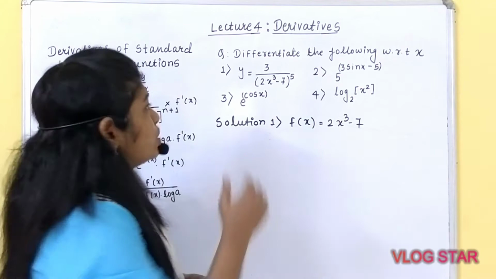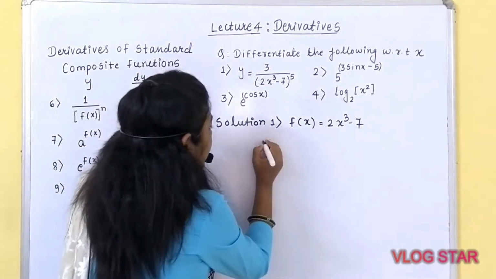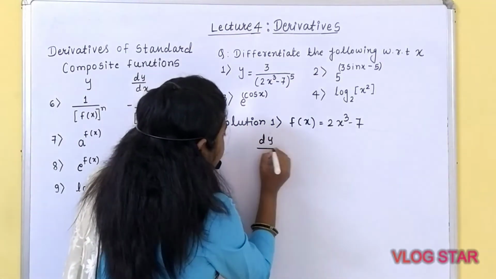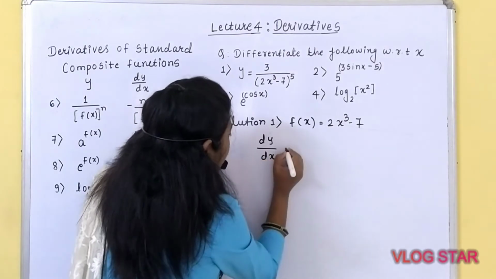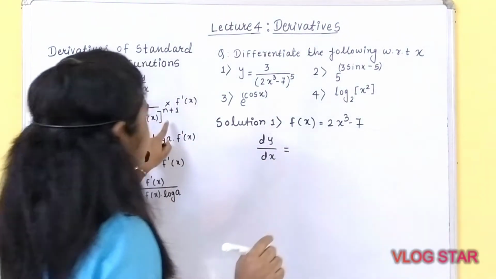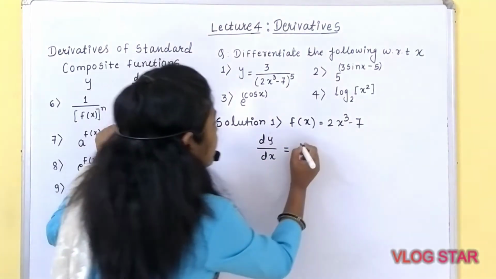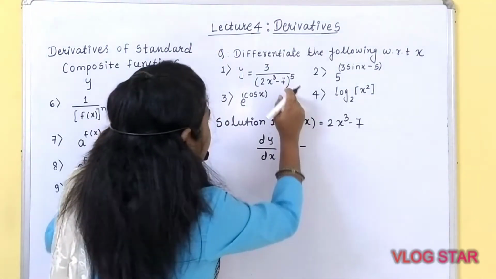Am I right? So as per result 6, the derivative of y with respect to x is given by minus n. What is n in this case?